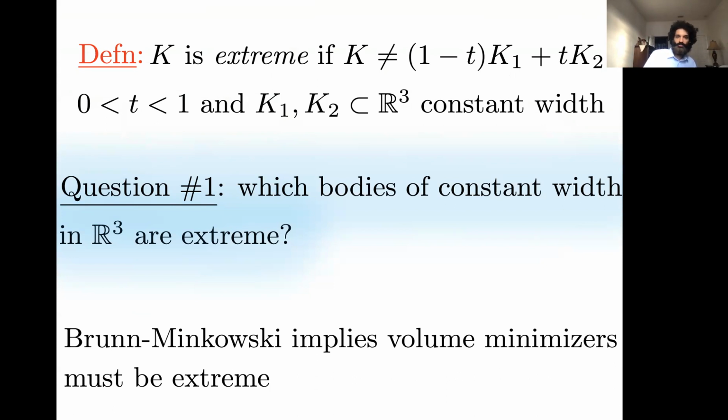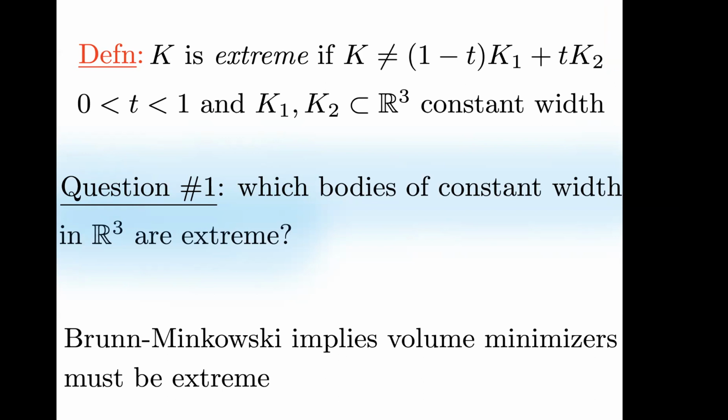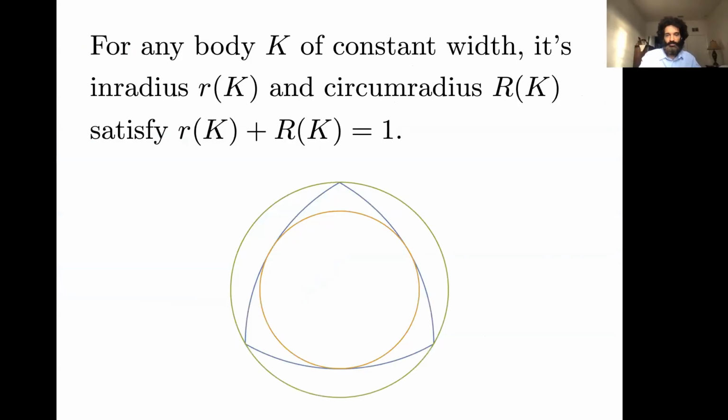I do not know the answer, and I don't know of any analog of the Calabi theorem. Brunn-Minkowski would imply that volume minimizers must be extreme. So it'd be nice to know what the extreme shapes are. In particular, are the Meissner bodies extreme? That's a question, and that could be buried in the literature somewhere. I happen not to know the answer.